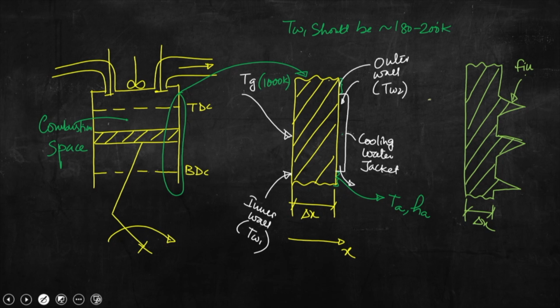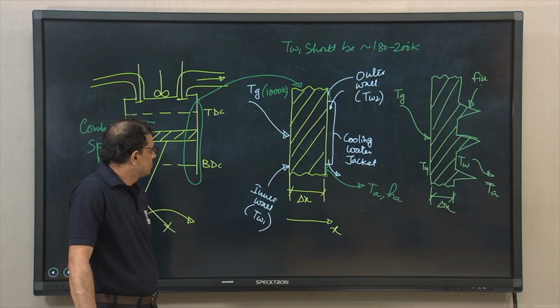Here again, this is TW1 and this is Tg, and finally from TW2 to T air, right. So, these are the two different types of cooling systems that we have discussed already.